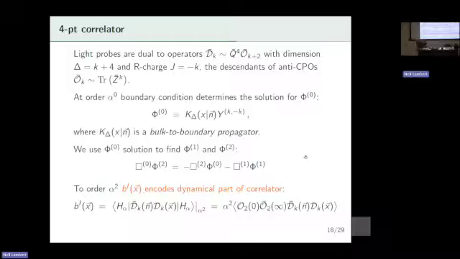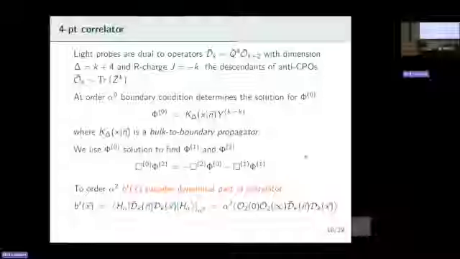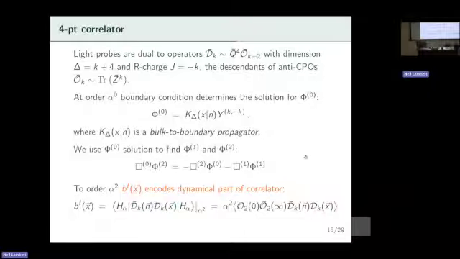And having known phi 0, we can compute phi 1 and phi 2 by inverting this operator. So at the second order in alpha, this coefficient b_i is proportional to the correlation function of two single traces which come from the geometry, and two light probes which come from the dilaton.